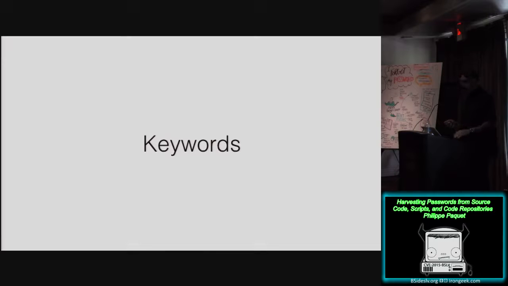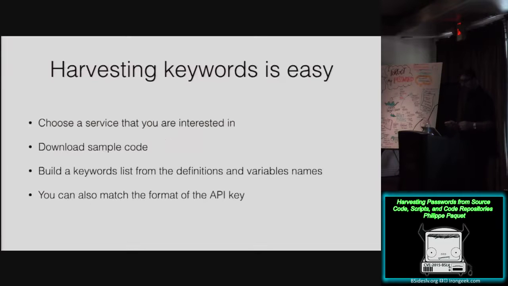Keywords. So you have your set of regular expression for a good set of languages. Now you need to have a set of keywords. So harvesting keywords is very easy also. You choose your target service provider, you download sample code, and you look at the name of variables. Programmers usually are going to take the sample code, copy and paste that into their source code.